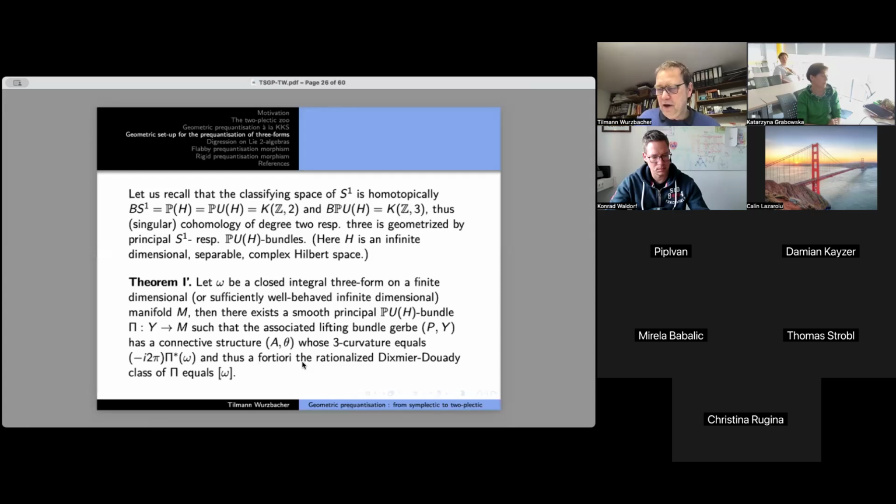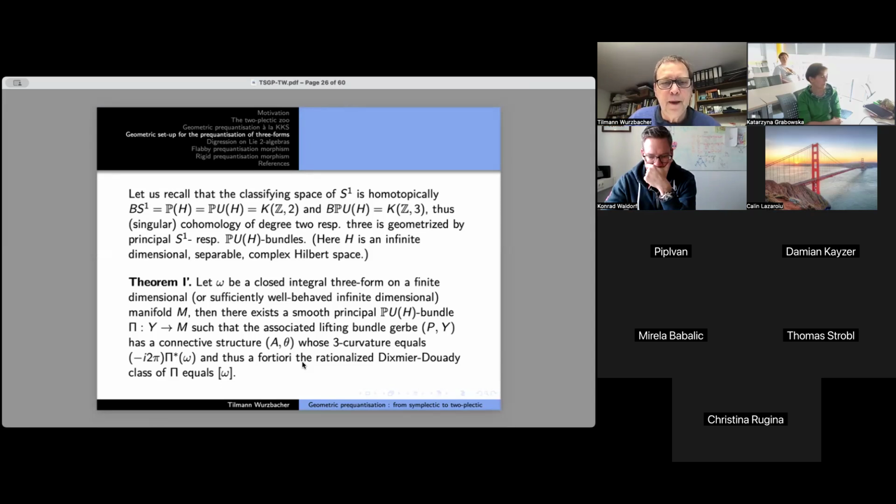And then you have an analog of the first theorem, which I call 1 prime. If you have a closed integral 3 form on a finite dimensional or sufficiently well-behaved infinite dimensional manifold, then there exists a smooth principal PUH bundle. I call it big pi. I don't know why I didn't call it small pi.